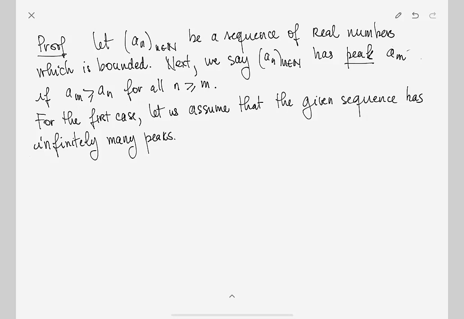So we list the peaks by increasing order of the subscript.